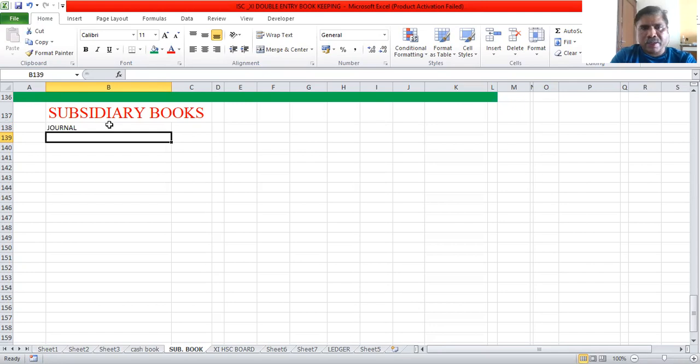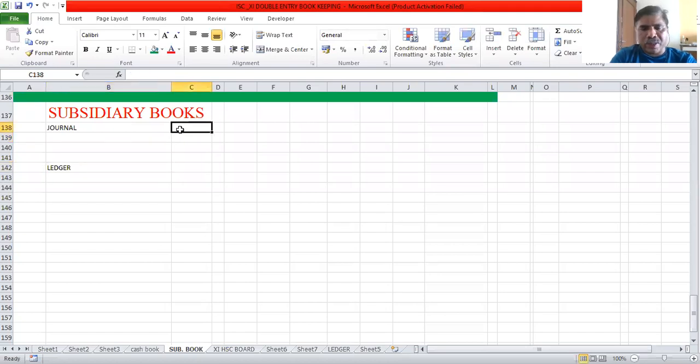After journal, what did we study? Ledger. When we studied journal, we recorded the entries in the book of journal.